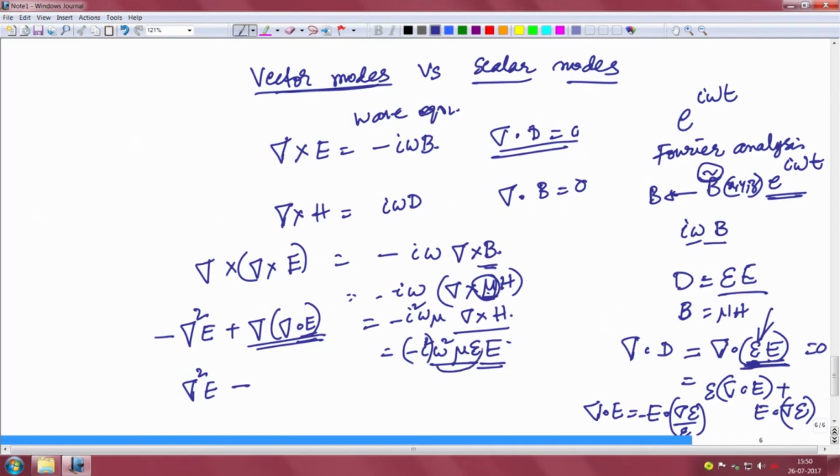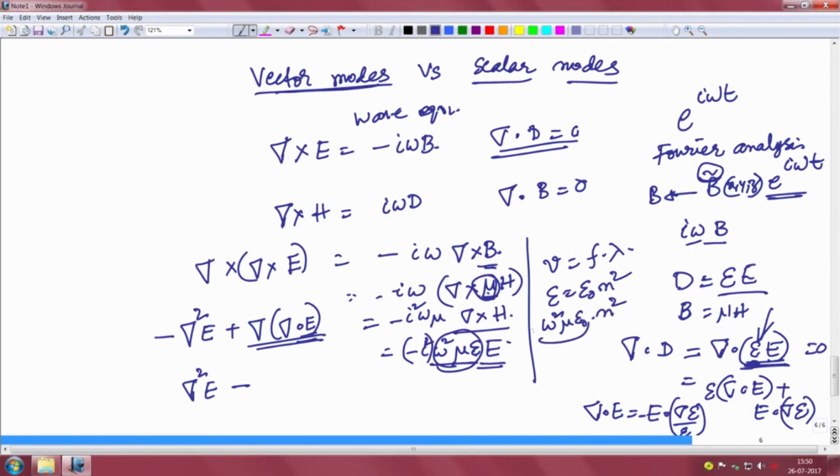We can replace this entire thing with omega square mu epsilon, noting that the velocity is a function of the frequency and wavelength. We replace this with omega square mu epsilon E, and also note epsilon is epsilon 0 into n square. So, omega square mu epsilon 0 into n square.